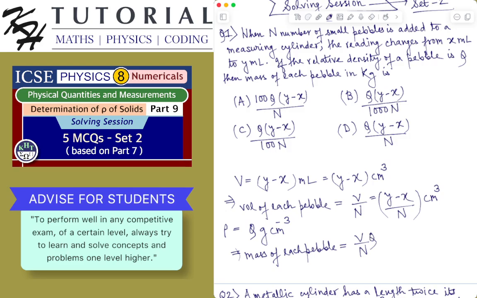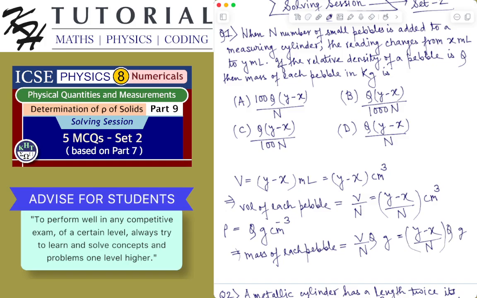So Q, this much gram. Now V by N is y minus x divided by N. So this multiplied by Q gram. So this is the mass of each pebble.